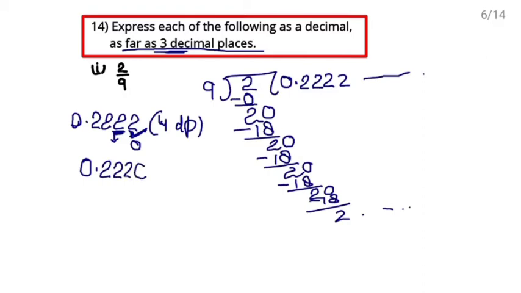And in a decimal number, if you have 0 at the end, it doesn't make any change. So we can write it as 0.222. So this is your answer.